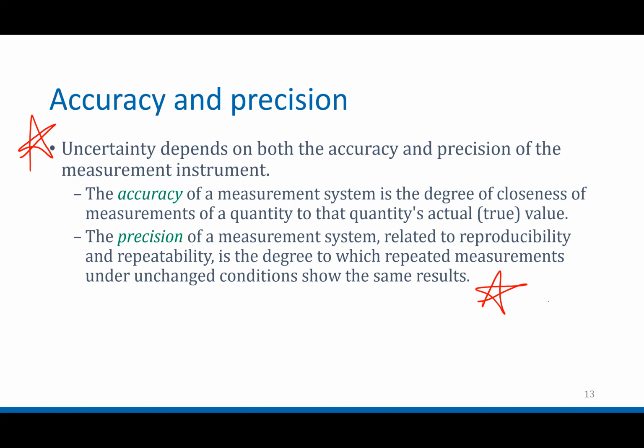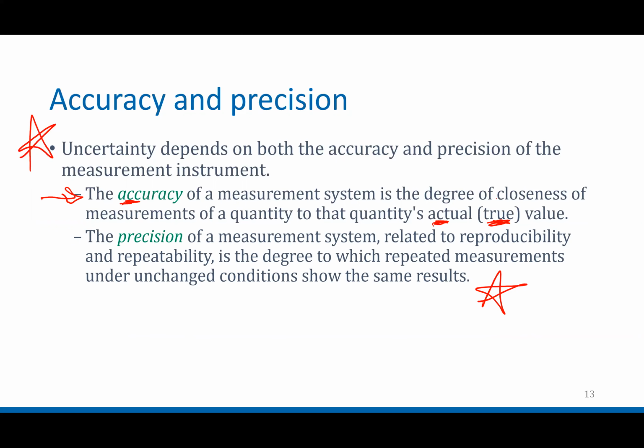The accuracy of a measurement is, so I'm defining them right now, the accuracy of a measurement is how close it is to the actual value. And that's a good way to remember it. Accuracy, actual value. And by that, I mean the real value. If you were measuring gravity, we know what the gravity is, okay?